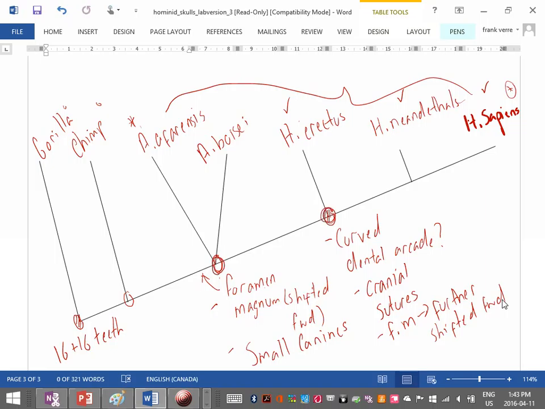Nothing? The post-orbital constriction is when you look at the top of the skull. So here's the top, here's the eyebrow ridge, and if it starts to curve in, that's the post-orbital constriction. So who has that?